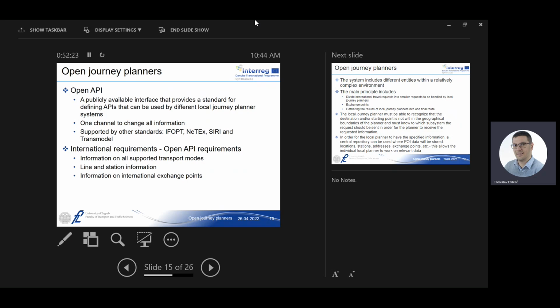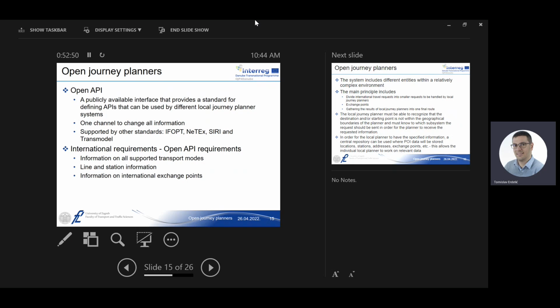Regarding national requirements, as we already said, information on all transport modes. So the local journey planner has to have information on all the transport modes that it can use. It has to have information regarding the lines. Where are the lines? For example, bus line. Most of the buses that go from Zagreb to Zadar go on a direct line using the highway.